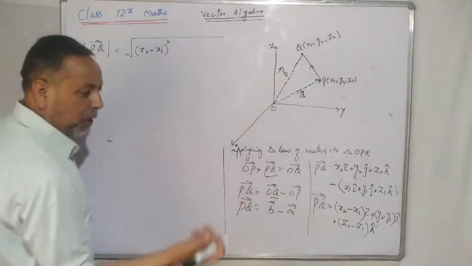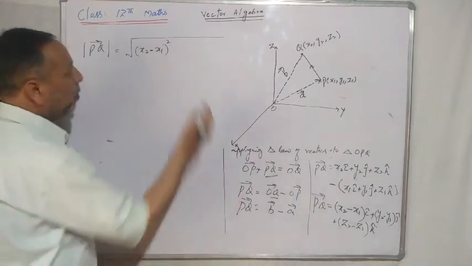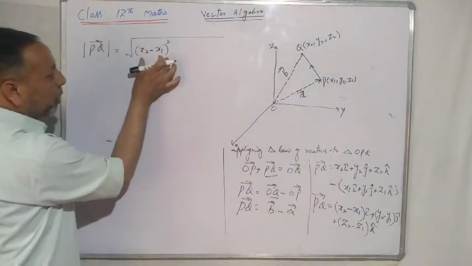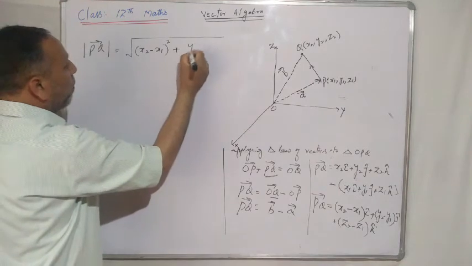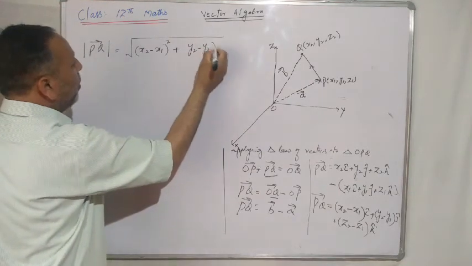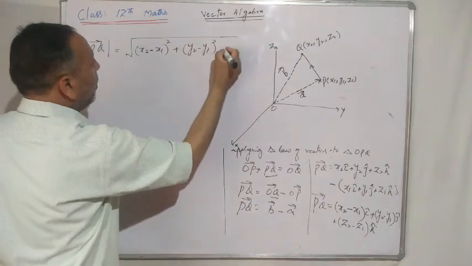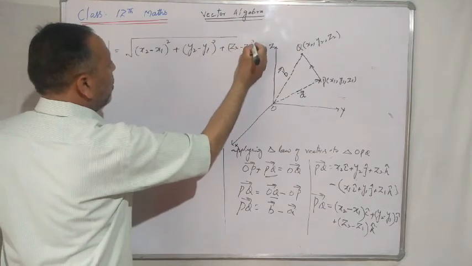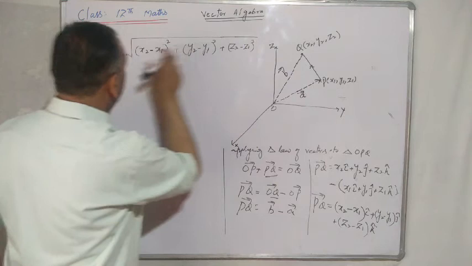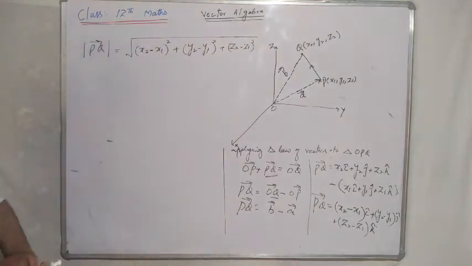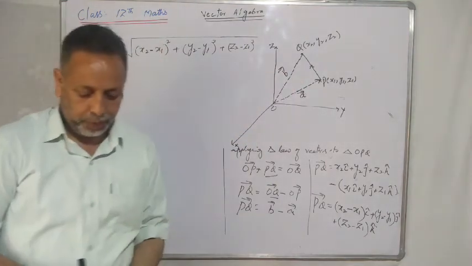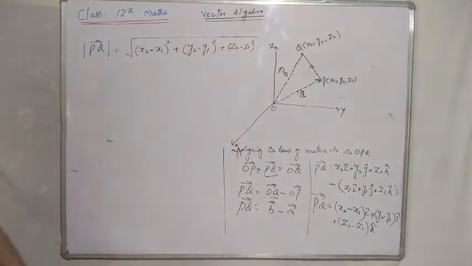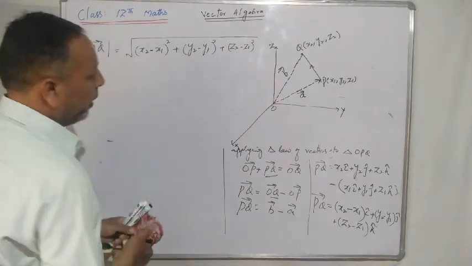So 1 into 1 is 1 only, so there is no need to write 1. Therefore I wrote only x2 minus x1 whole square plus y2 minus y1 whole square plus z2 minus z1 whole square. This is the magnitude of vector PQ. Next is section formula.